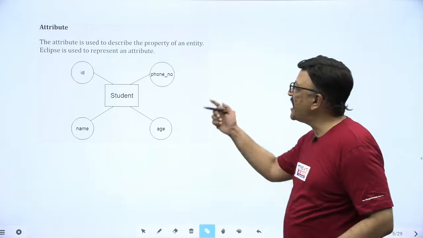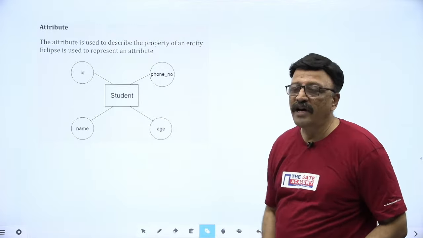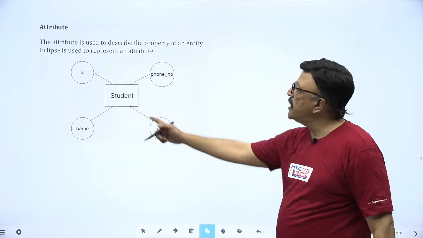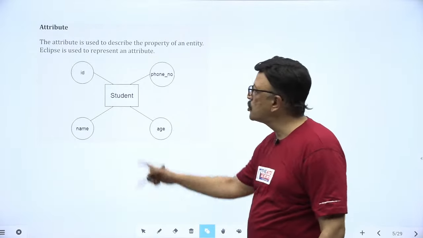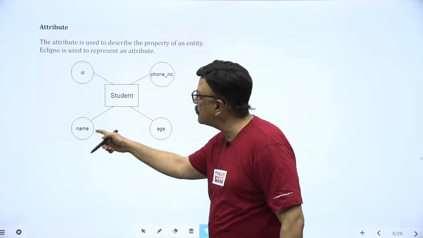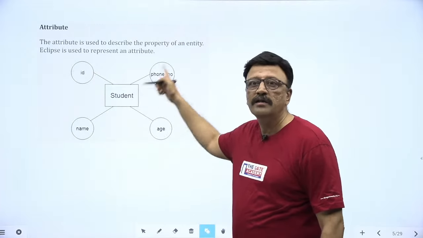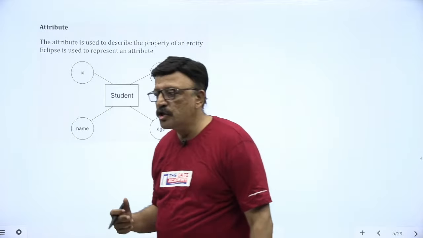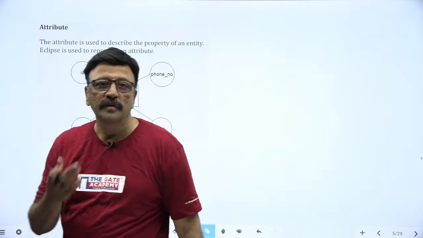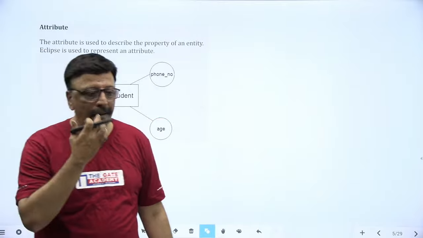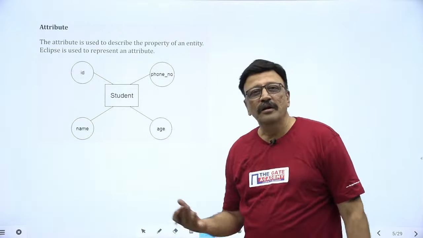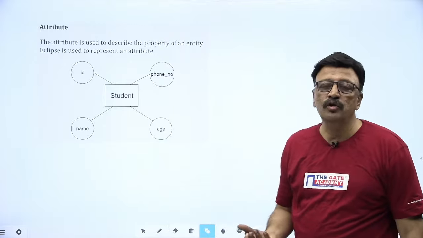In this diagram itself we will see the types of attributes. You see, just imagine student has phone number. You can read it like this: student has ID, student has name. So these are the attributes. Student has phone number. It may happen that a student has multiple phones. That's quite obvious that 2 phone numbers or 3 phone numbers student has.